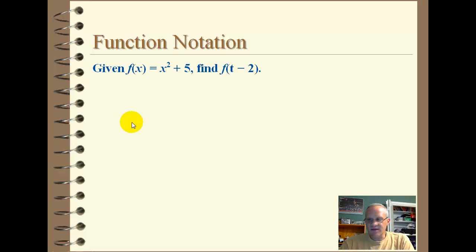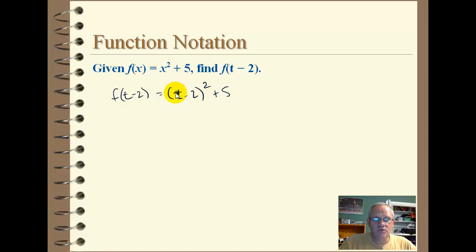And then our last one, we've got, uh-oh, look at this, t minus 2. Oh, goodness. What did we do before? We just plugged it in, right? Let's just plug it in. So f of t minus 2 equals t minus 2 squared plus 5.